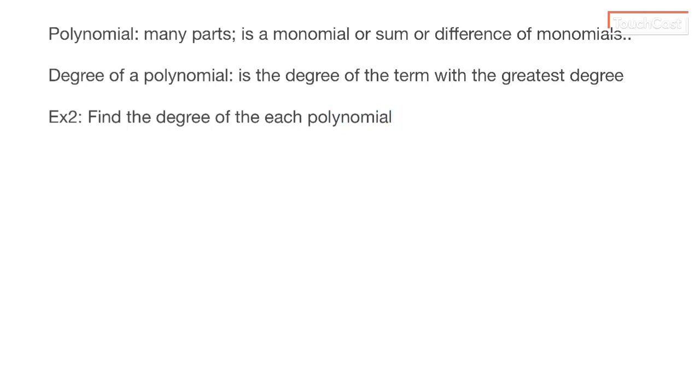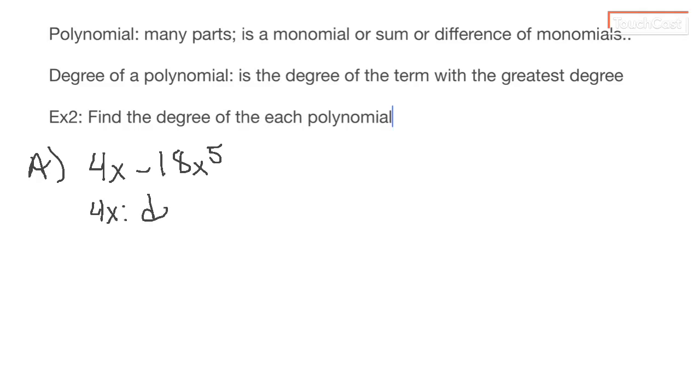So our first one we're going to do in example 2, A here, we're going to have 4x minus 18x to the 5th. So we need to look at each term. We've got the 4x term, which has a degree of 1.